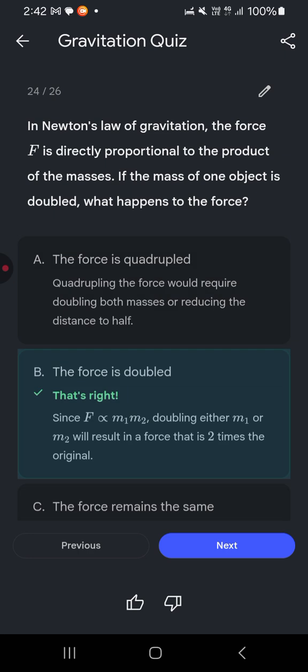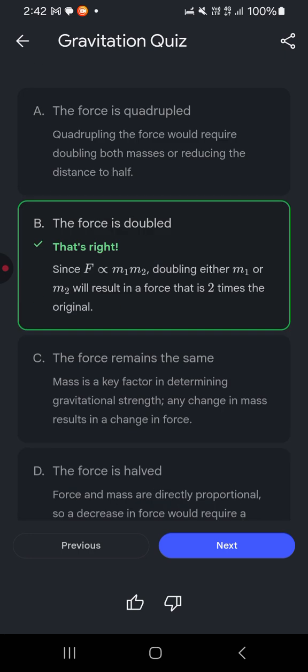The correct option will be B, that is the force is doubled. Since F is directly proportional to m1 m2, doubling the mass of either of the objects will result in a force that is 2 times the original force.